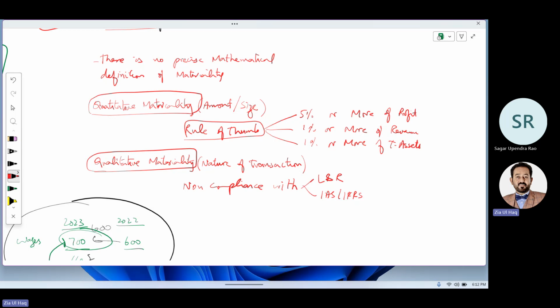It looks embarrassing to disclose just a 1,000 transaction. 1,000 from a quantitative point of view is nothing. But from a qualitative point of view, it will be considered a material misstatement as per the standard: director transactions should be disclosed. If they are not disclosing, we will consider it a material misstatement, the qualitative part.